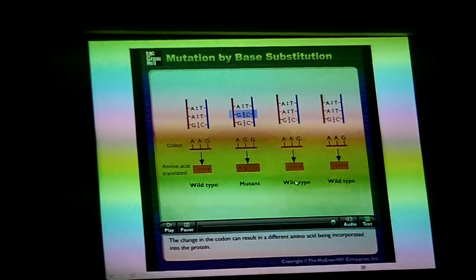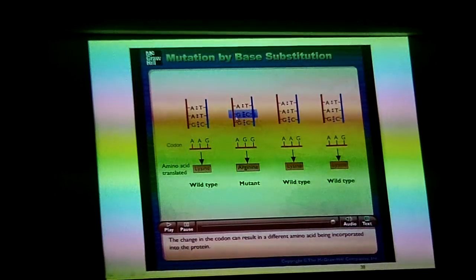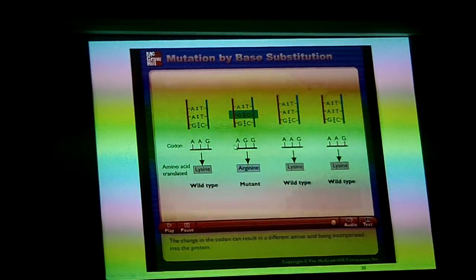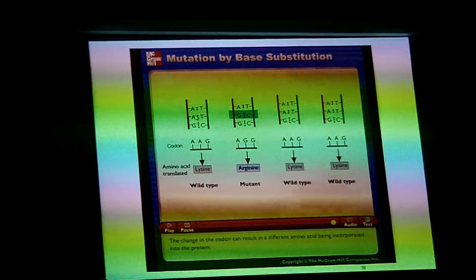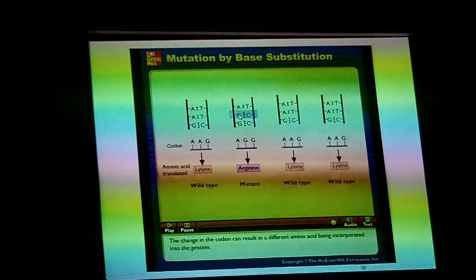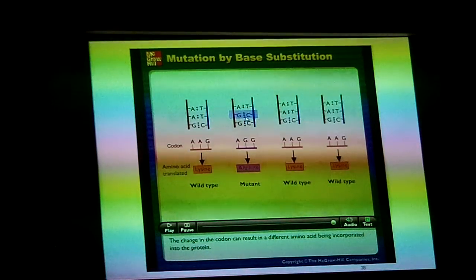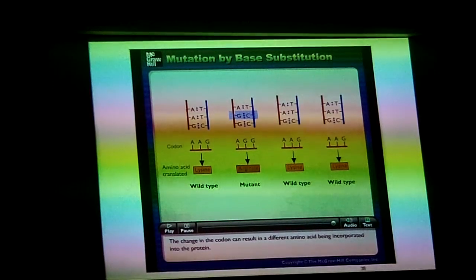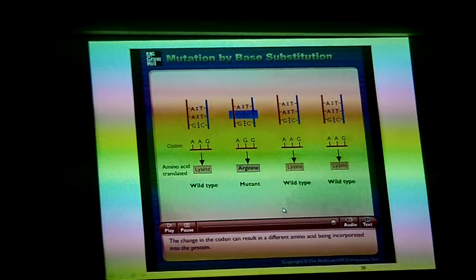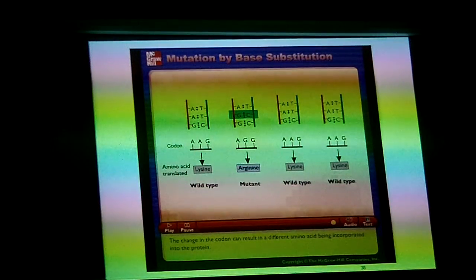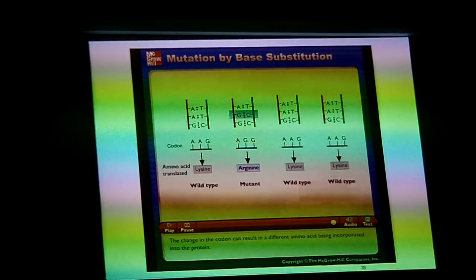So when the cell was copying itself, it screwed up and put the wrong base in place. This pair is supposed to be AT, and it got changed to GC after a couple divisions. Now you can see that if we put the wrong one in place right here, I'll leave it sticking out a little bit.